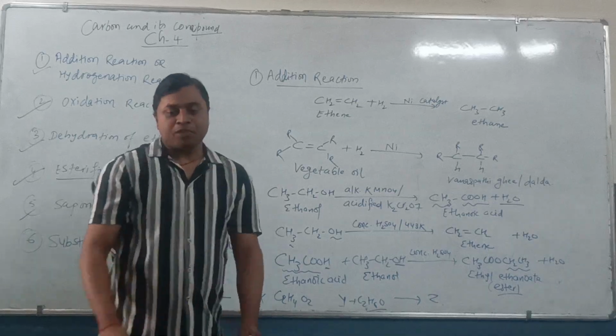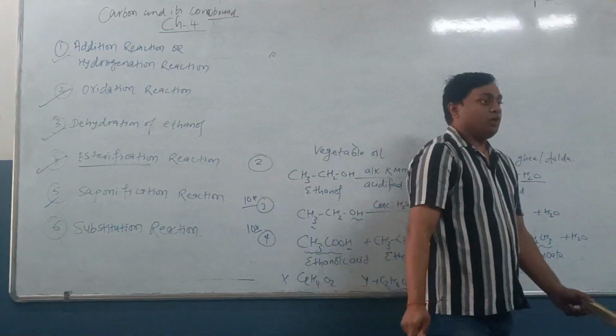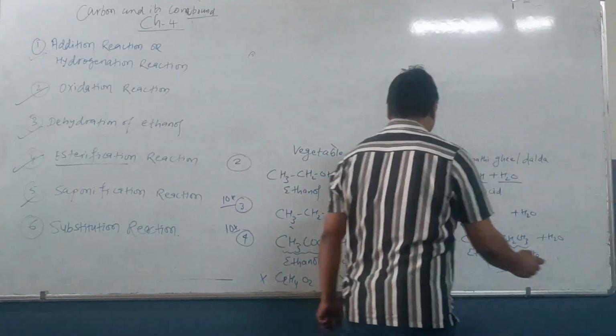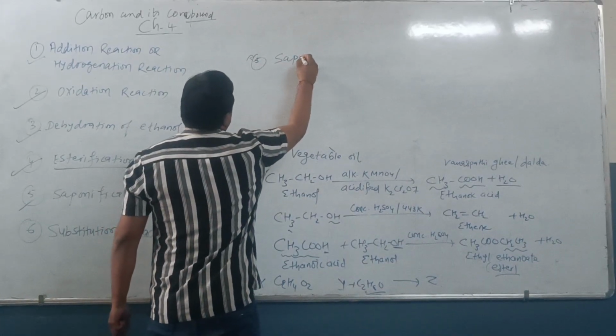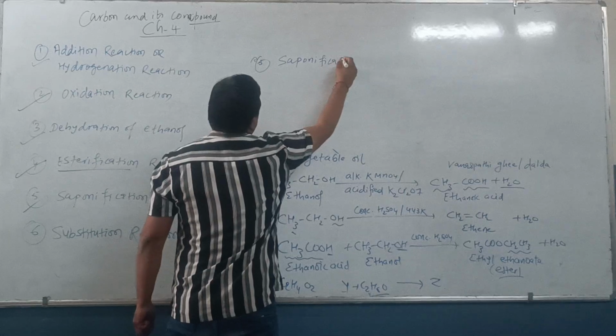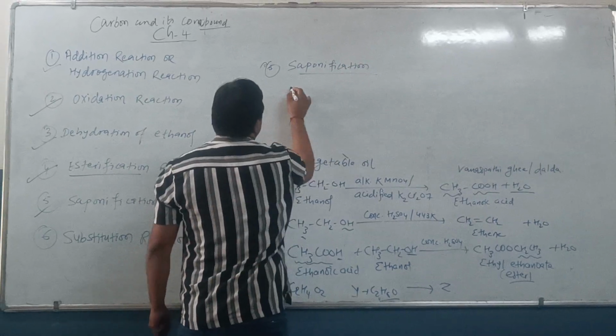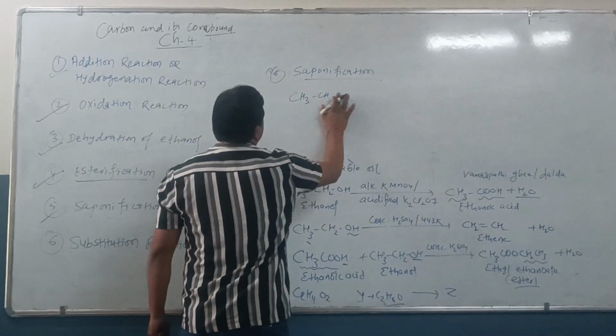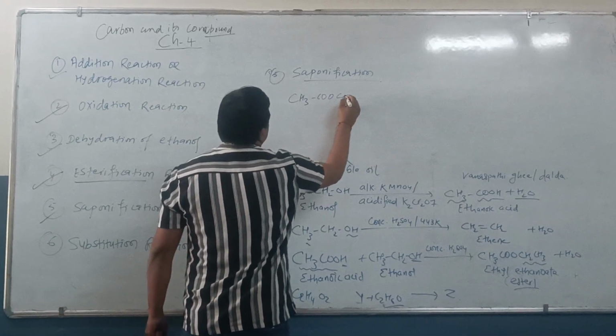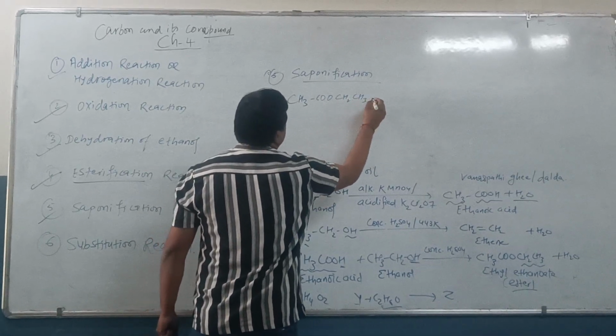Next, we talk about the reaction of ester with NaOH. Let's talk about the fifth reaction, saponification reaction. See, once you take ester, CH3COOCH2CH3, this is ethyl ethanoate.